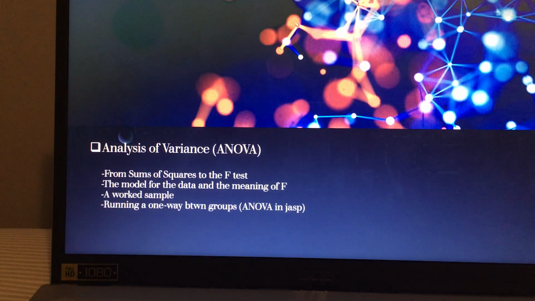Y subscript IK equals mu subscript k plus epsilon IK, where once again we're going to assume that the error terms are normally distributed with a mean of 0 and a standard deviation of sigma. So the alternative hypothesis also assumes epsilon is approximately normal, with mean 0 and variance sigma squared.